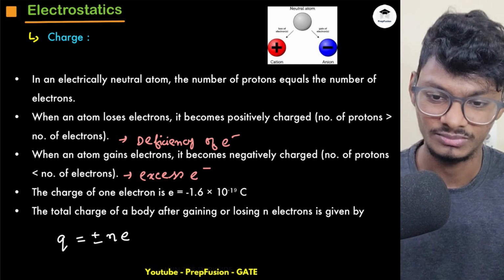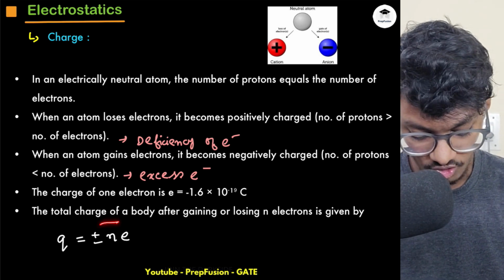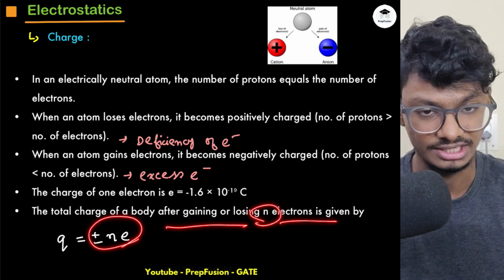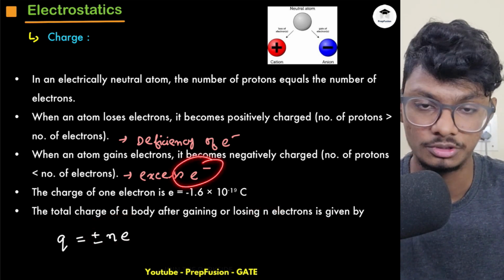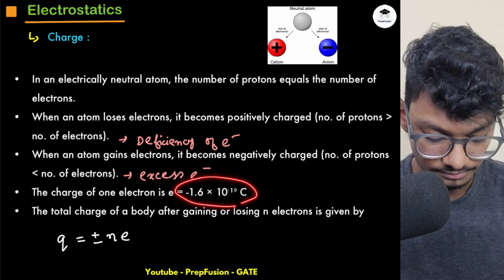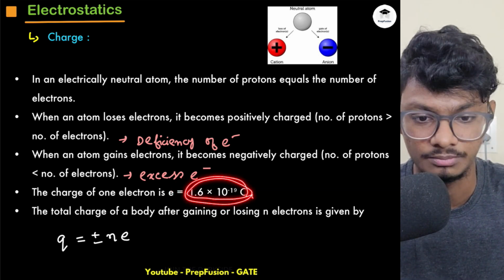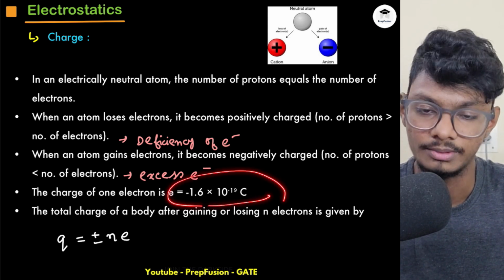This we already know from our school days. Now the total charge of a body after gaining or losing n electrons is given by plus minus ne, and charge is a quantized quantity because I cannot break electrons further, so it will be a multiple of this. Whatever the charge present in a body, it will always be a multiple of this number. It can never be a non-multiple of this number.